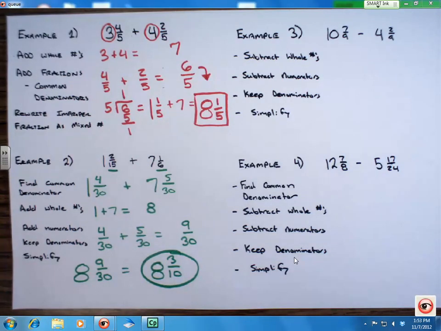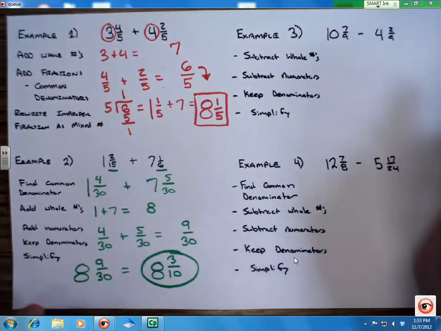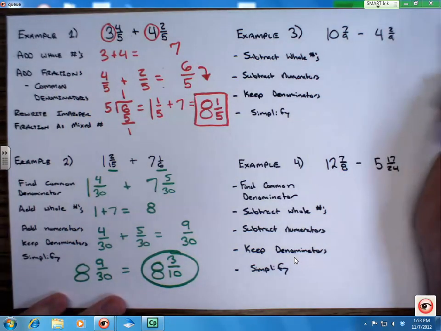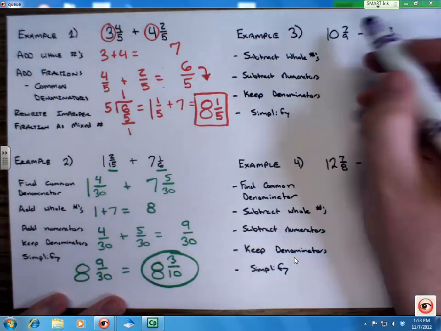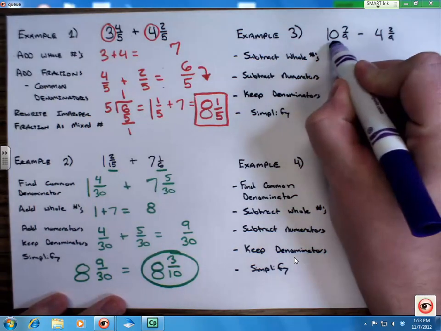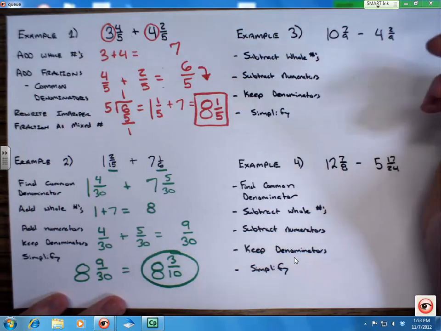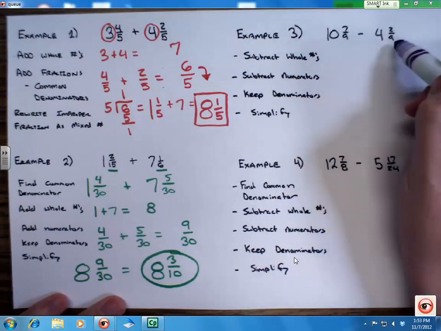All right, let's move on to example 3. Now, example 3 is going to be a little bit different because we are subtracting, whereas the other two we were adding. It's not that big of a deal, though. The first thing we're going to do on these is to see if we have common denominators, which we do.